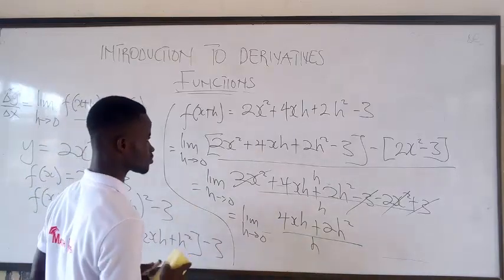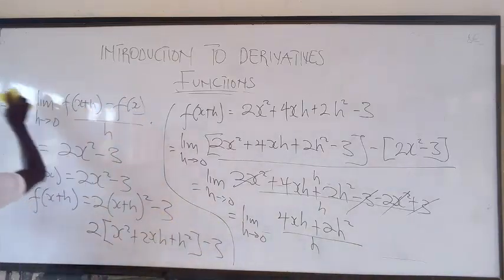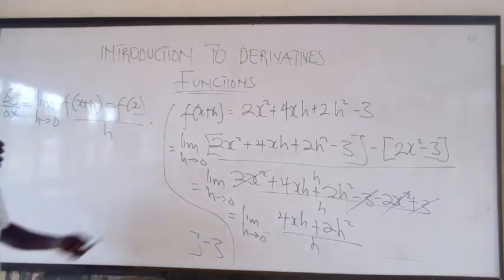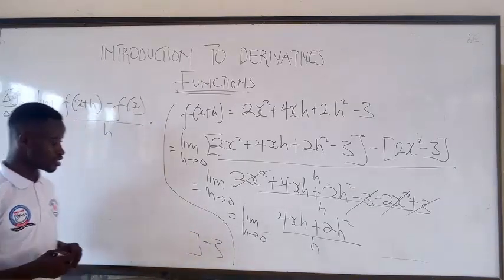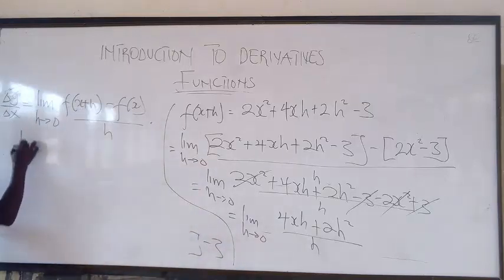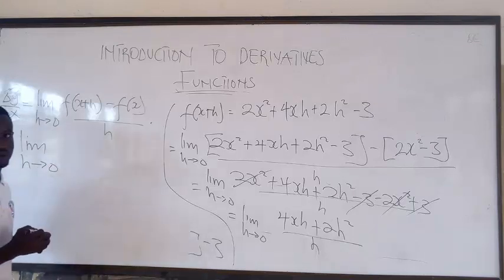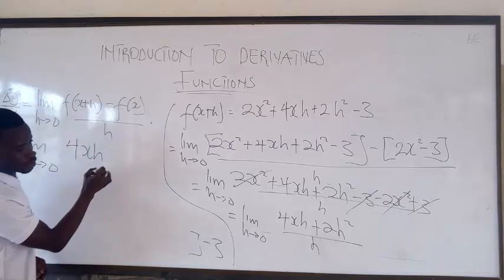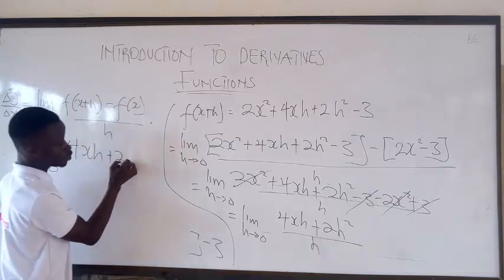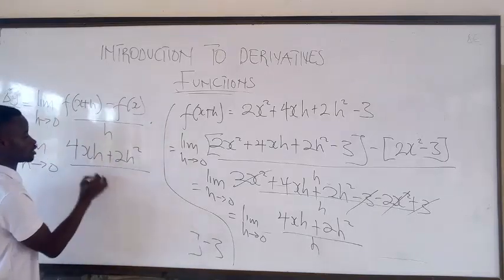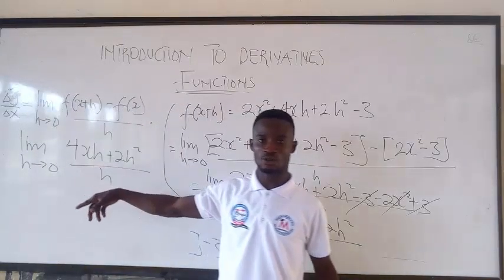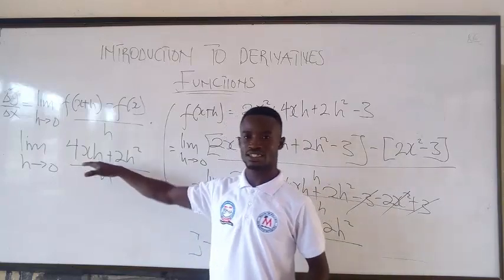So, from what we have there, you can see that the limit as h approaching 0 of 4xh plus 2h squared, all this over h. You can see that you can bring one of the h out so that h will cancel this h.